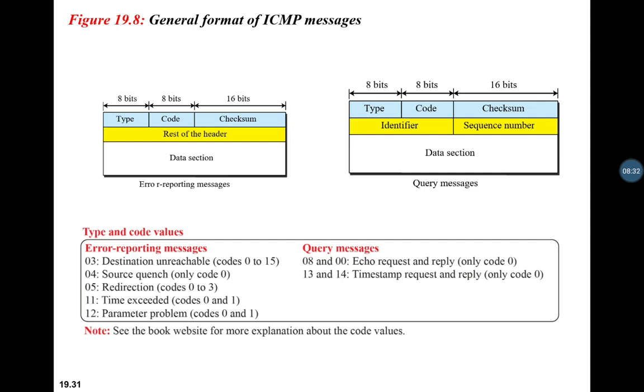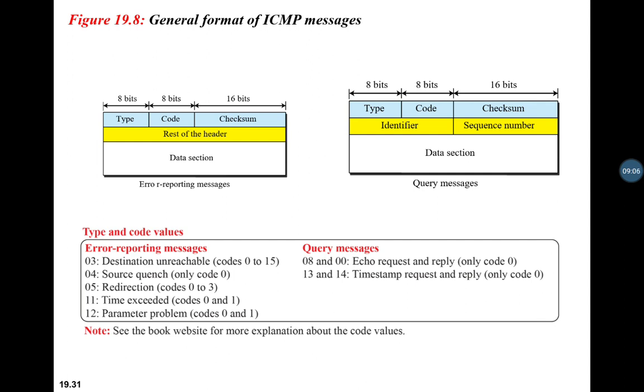Whenever the type is 4, the code is only 0, and the error reporting message is source quench. Similarly, when the type is 5, the code can be 0 to 3, and the message is redirection. Whenever the type is 11, the message will be time exceeded, and the code can take the value 0 or 1. Similarly, when the type is 12, the error reporting message is parameter problem, and it can take the code value 0 or 1.